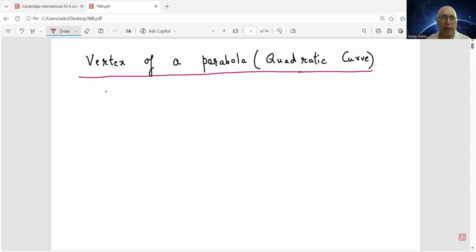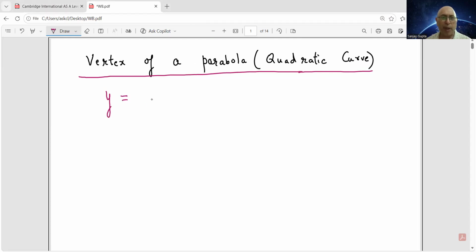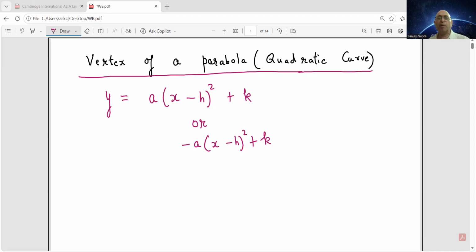So we had looked at, let's say, y is equal to a times (x minus h) whole square plus k, right? Or it would be negative a times (x minus h) whole square plus k. You cannot get any other form of the completed the square form. Either it will be of type 1 or type 2, right?